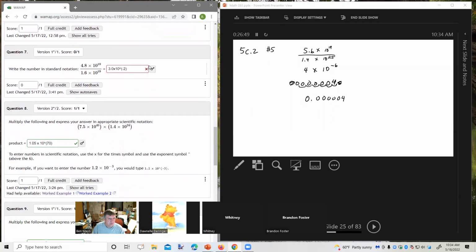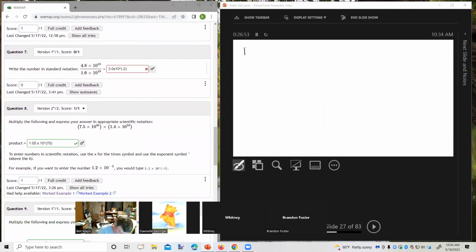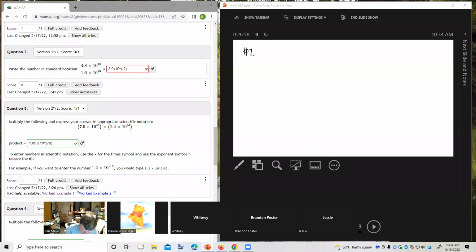Now let's take a look at problem number 7. And this says, write the number in standard notation, 4.8 times 10 to the 18th power over 1.6 times 10 to the 19th power. Okay, so on our calculator, 4.8 divided by 1.6 should be 3 times 10 to the 18th power minus 19th power, which is -1.